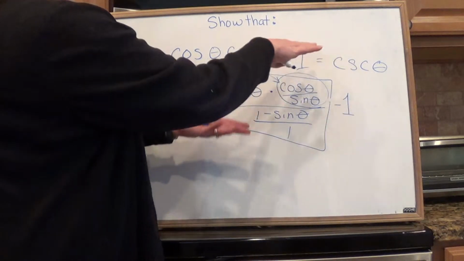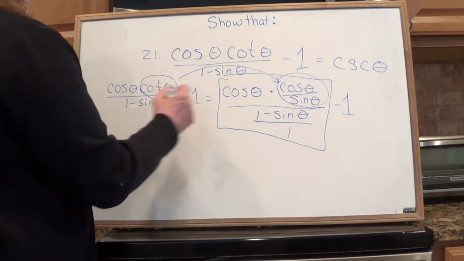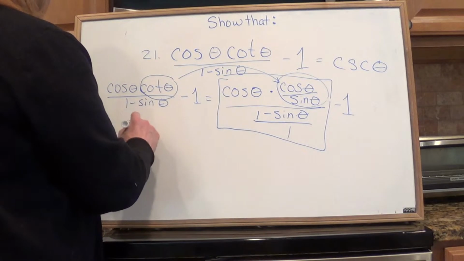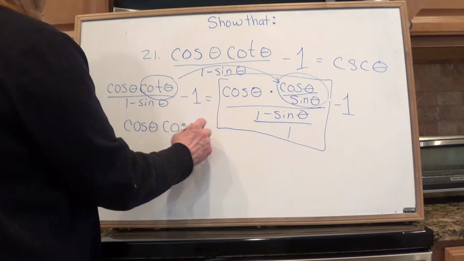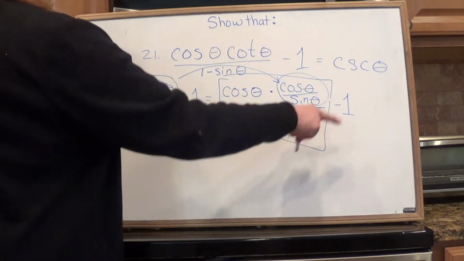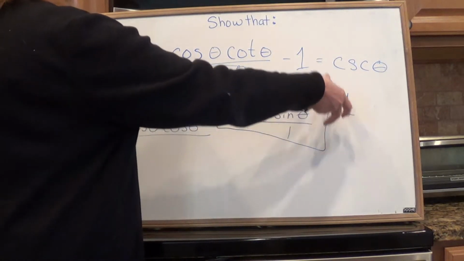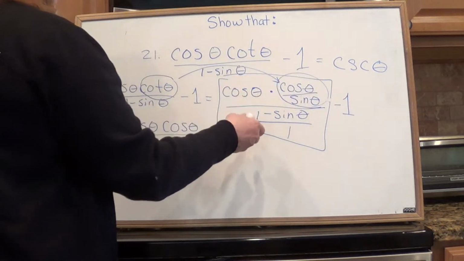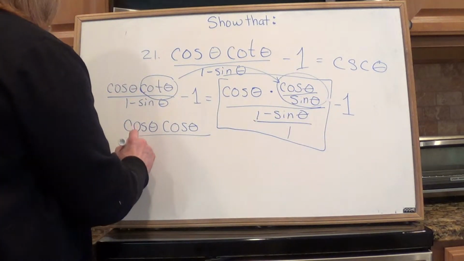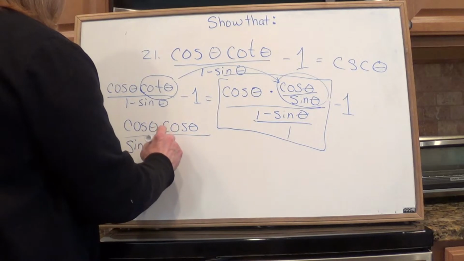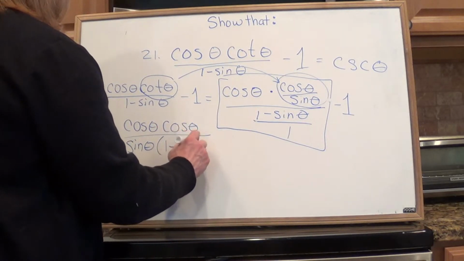So when I take this and flip it up, I got cosine and a cosine up there, which I'll combine in a minute. And when I flip this and put it up here and multiply, you'll see these two expressions are on the same level, the sine and the 1 minus sine.